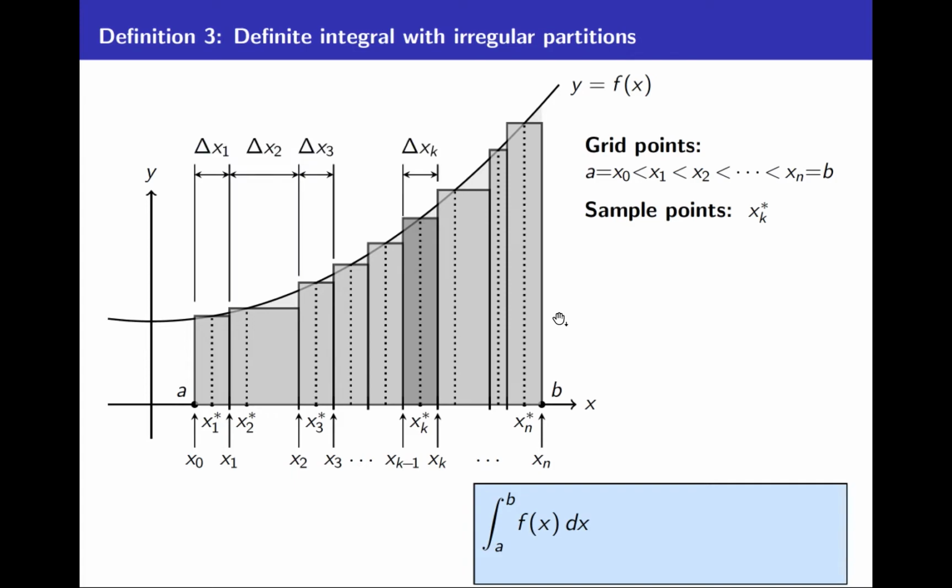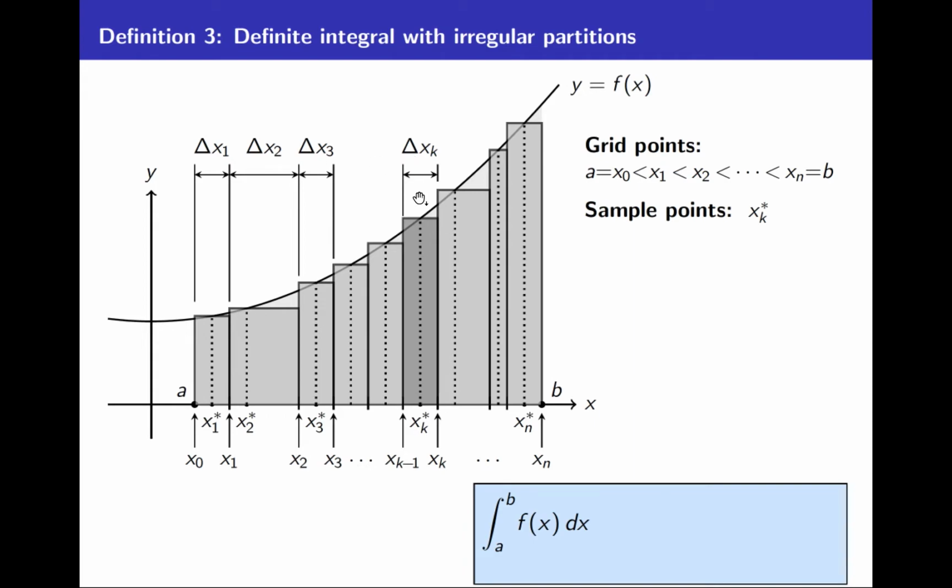So what we have to do is keep track of that by giving a special notation for the width or base of any of these rectangles. The base of the first rectangle we denote as delta x sub 1. The base of the second rectangle by delta x2. The base of the third rectangle by delta x3, and so on.